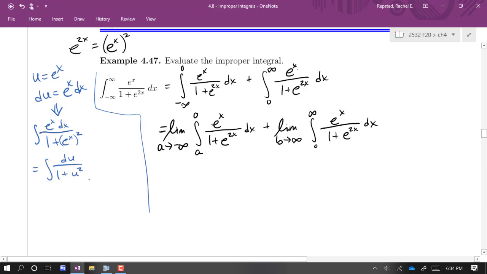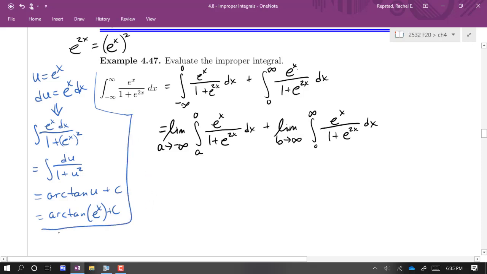And that's an arctan form, where a is equal to 1. So this is just arctan of u plus a constant, or arctan of e to the x.